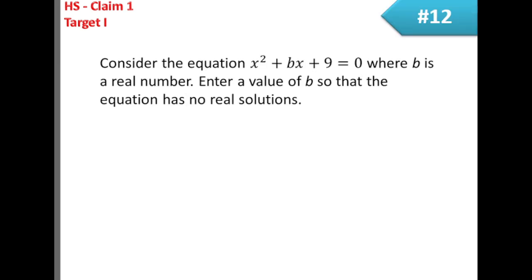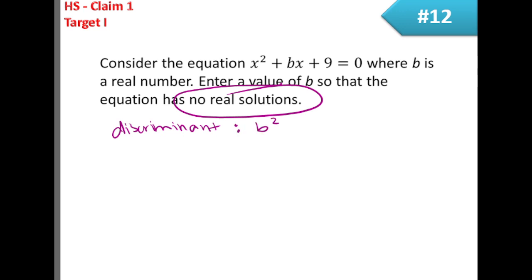Next is here. Consider the equation x squared plus bx plus 9 equals 0, where b is a real number, and we want to plug in a number such that it has no real solution. Okay, so this is something I haven't taught you guys. This is called the discriminant. The discriminant, which is part of the quadratic formula, is b squared minus 4ac.